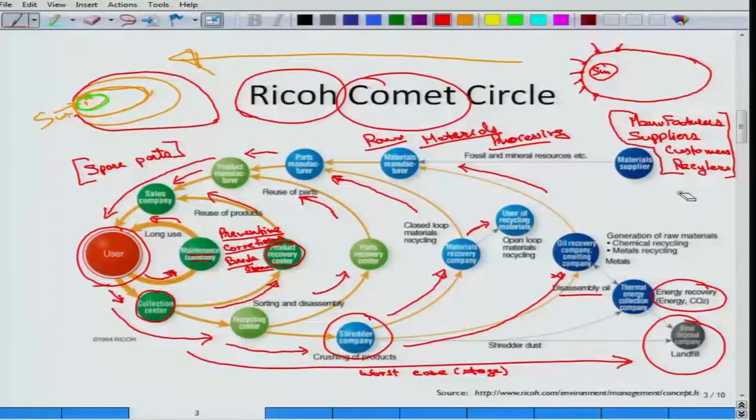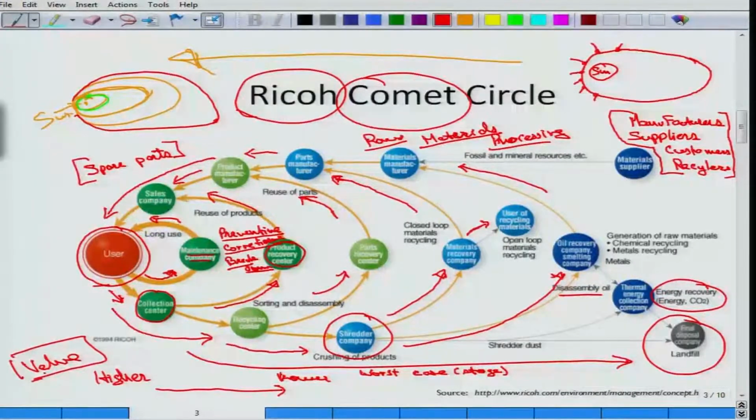So, here at the smaller comet circle, even the economic value of the product is higher. Here the value of the product is higher, and as we move toward this side, the value becomes lower. This is value, right.